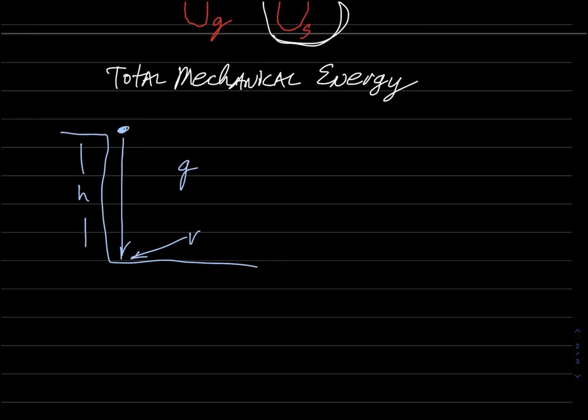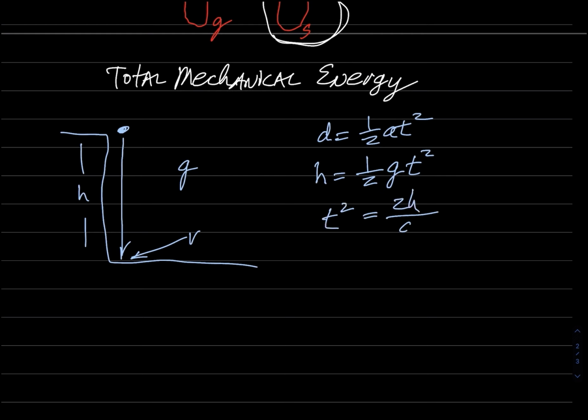We've done this before when we were studying this equation, distance equals 1/2 at squared. Well, let's use that. So the height is 1/2 times the acceleration of gravity times t squared. So we have t squared equals 2h over g, and t equals the square root of 2h over g.